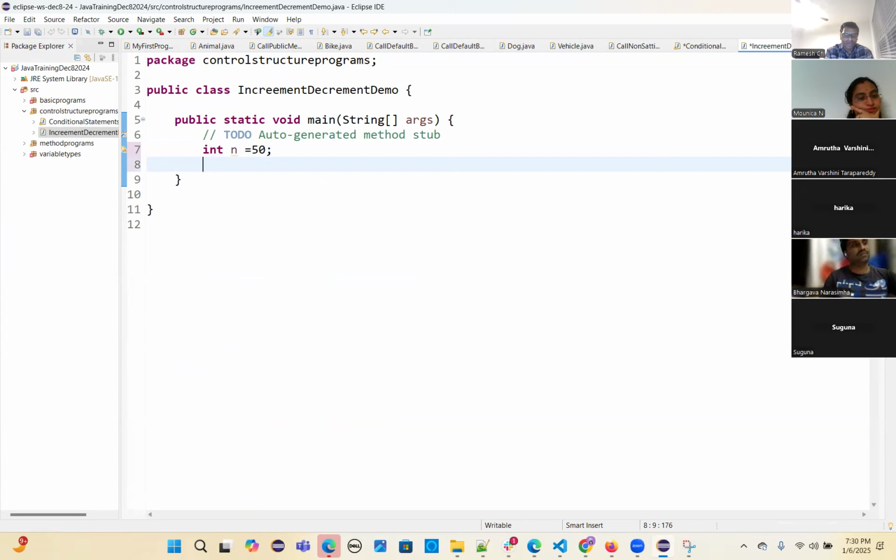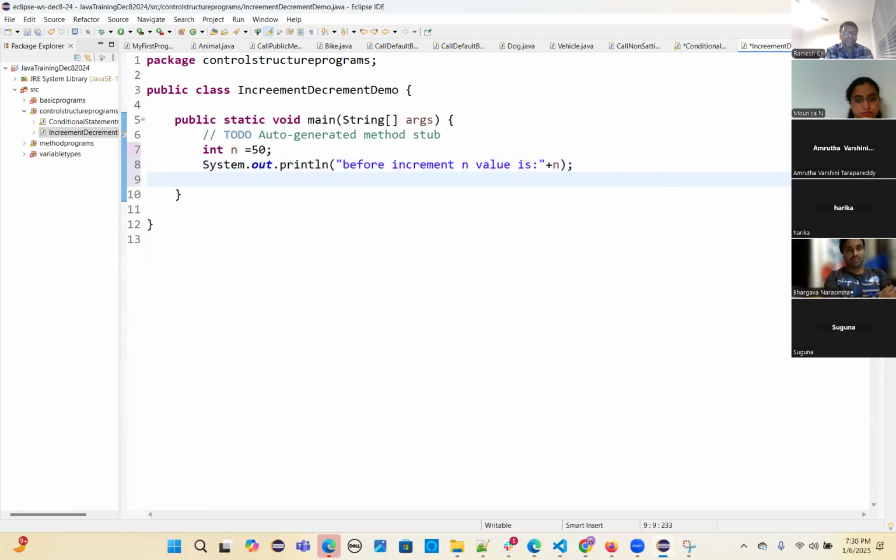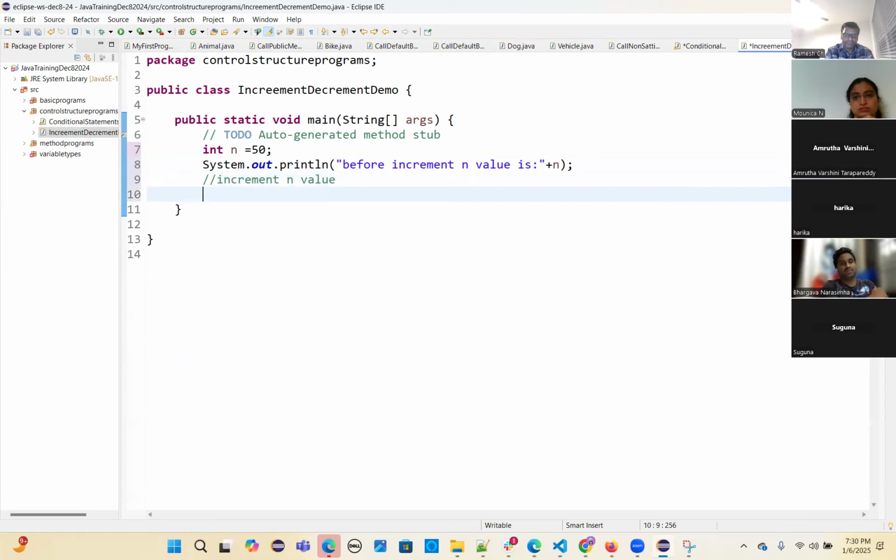Now see, before increment, the n value. So now you increment. M plus plus.